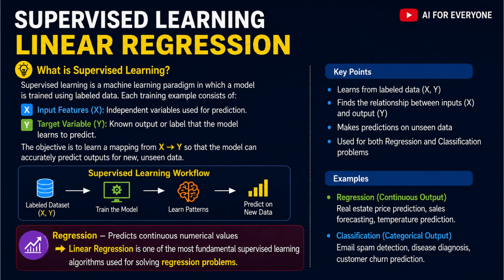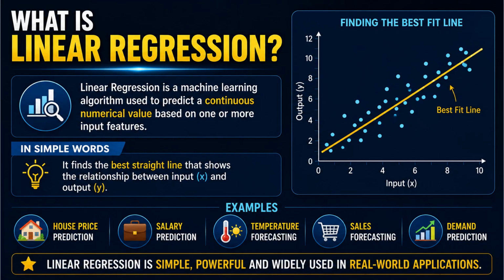It wants to find the relation between x and y, and it makes predictions on unseen data. There are two types of supervised learning basically. One is regression, where we predict continuous data, and then classification, where we predict categorical output. So let us now go to what is linear regression.